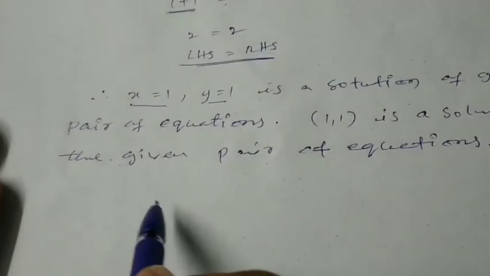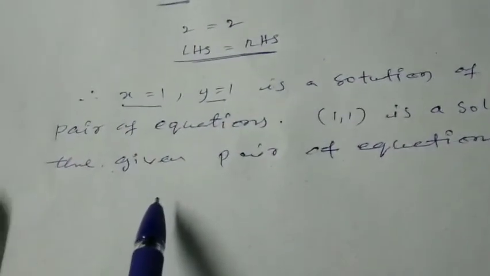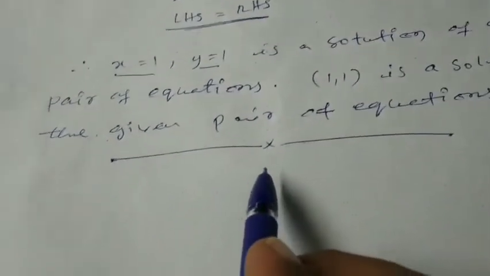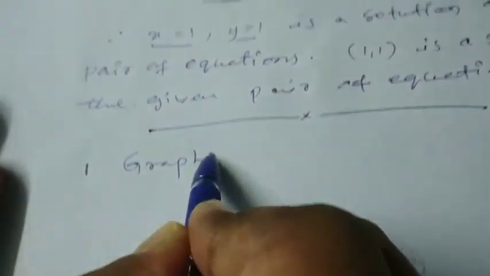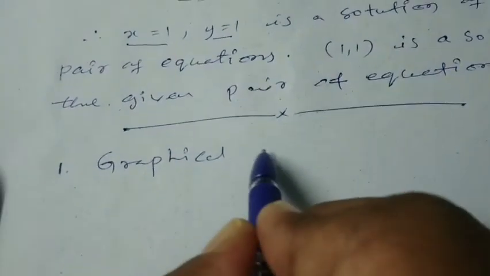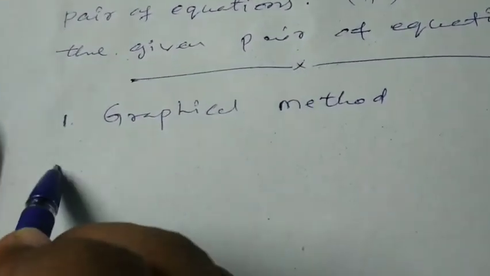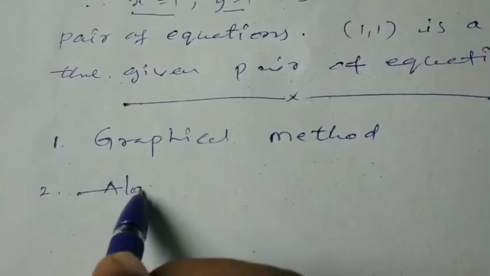Now, to find a solution of a pair of linear equations, we have two methods. One is the graphical method, and the second one is the algebraic method.